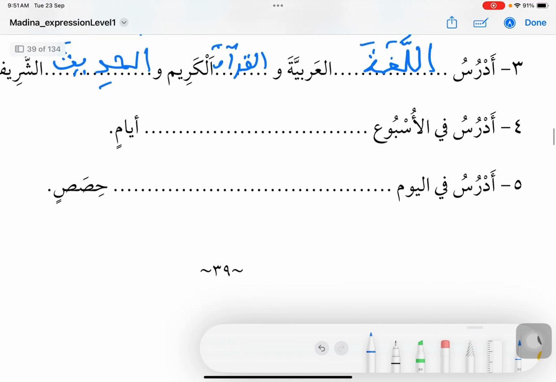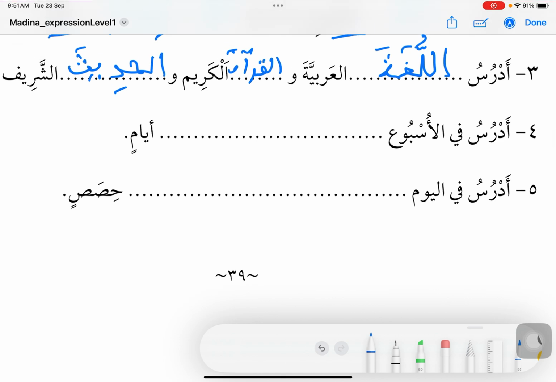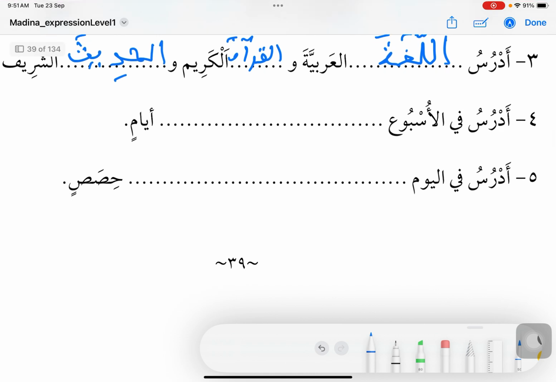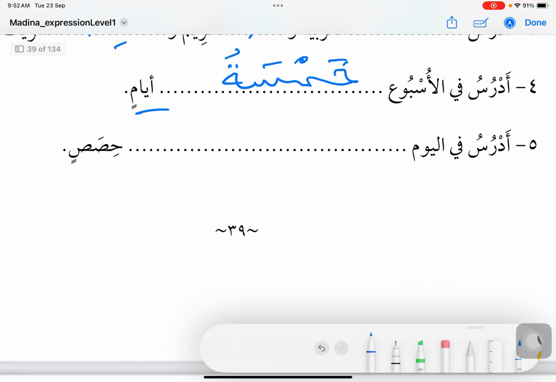So I study Arabic language, the Arabic language, the noble Quran, and the honorable Hadith. أدرس في الأسبوع, I study in a week, blank أيام. So we would say خمسة أيام. أدرس في اليوم, blank حصص. So we would say خمس.